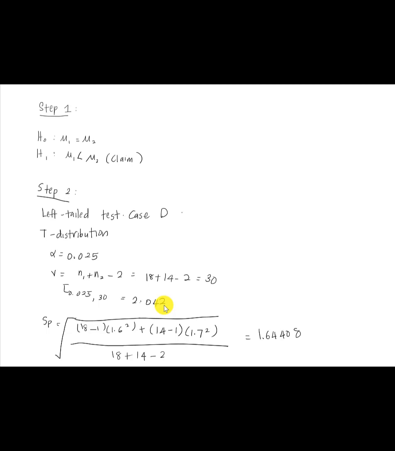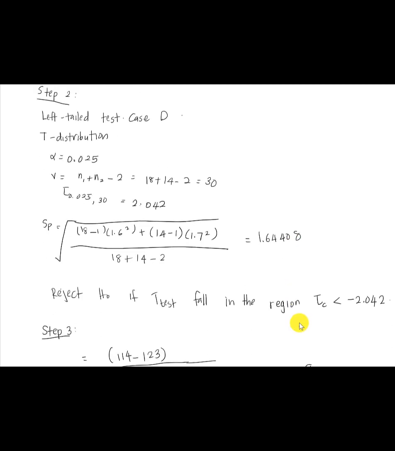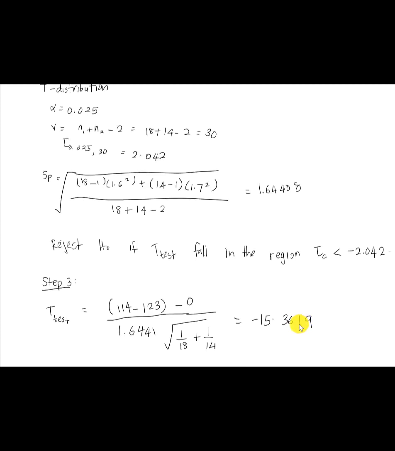In this case D, we have to calculate the SP using its formula, and we got 1.6441, approximately. We reject the H naught if the t-test falls in the region of the critical value less than negative 2.042, because this is a left tail test.